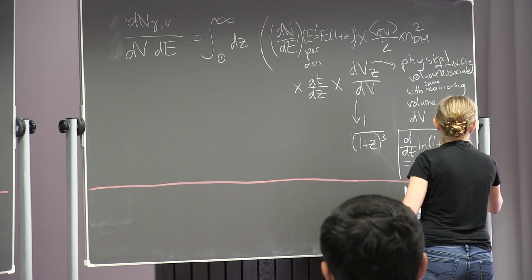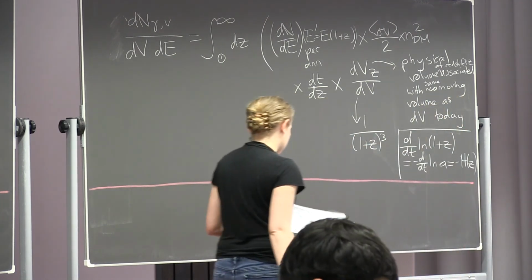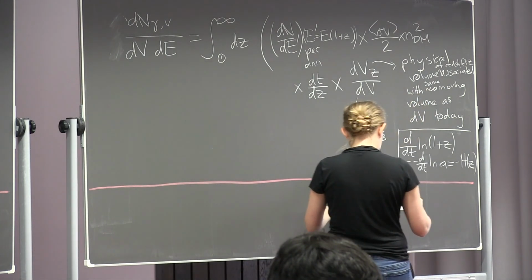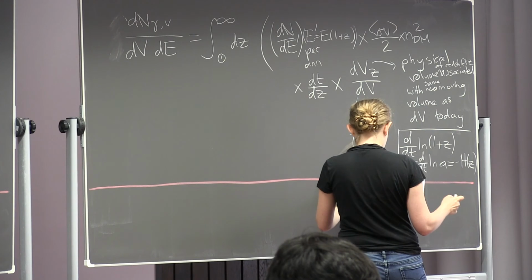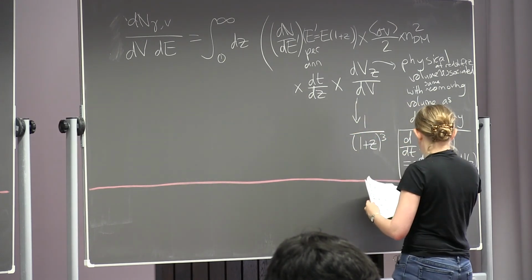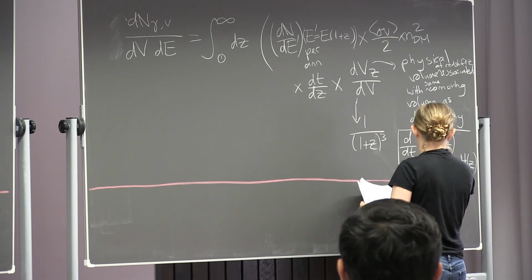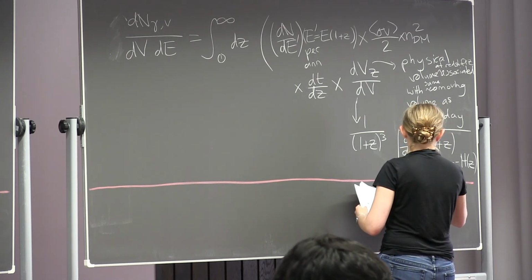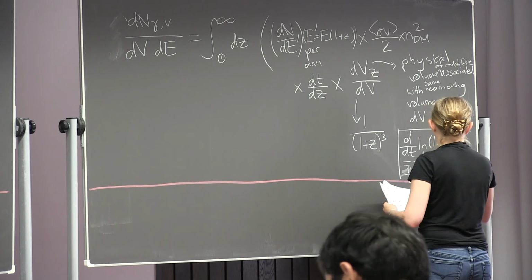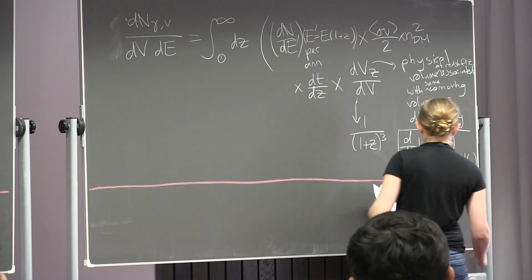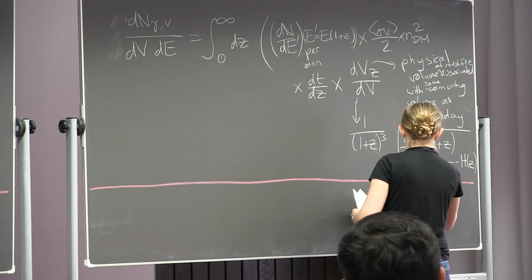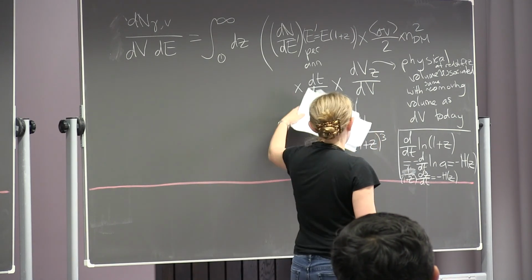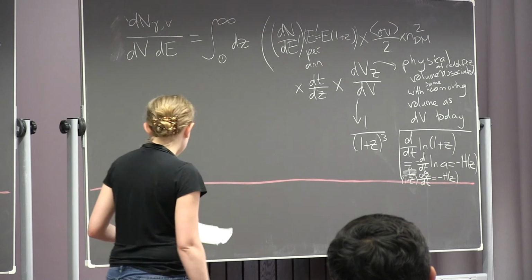So this is minus the Hubble parameter. So this tells us that we can write dt. Okay, so this is 1 over (1 plus z) dz by dt, which goes like minus H of z, so we can get dt by dz from that expression.